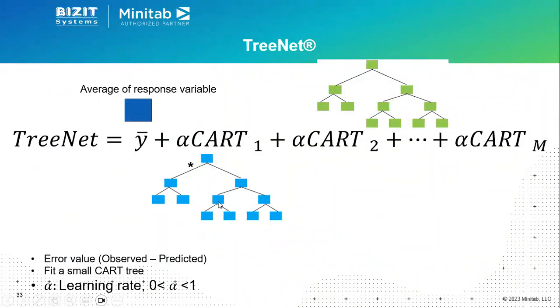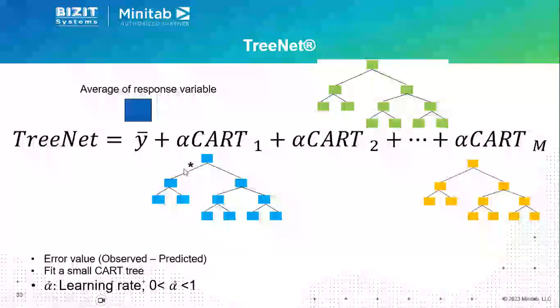Then they come up with a new prediction, and a new tree from the prediction, and then a new prediction from the fixed tree here. That is what we call boosting. By the boosting method we get the TreeNet.